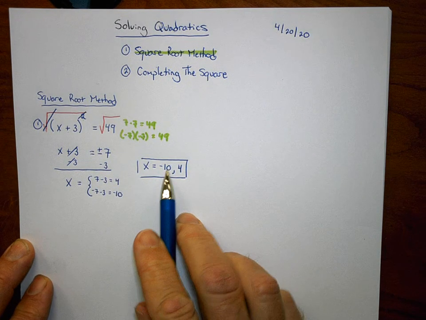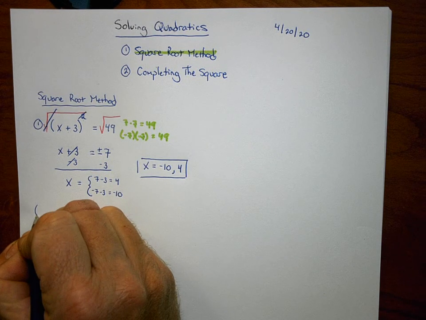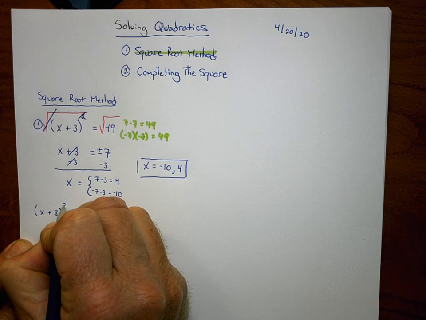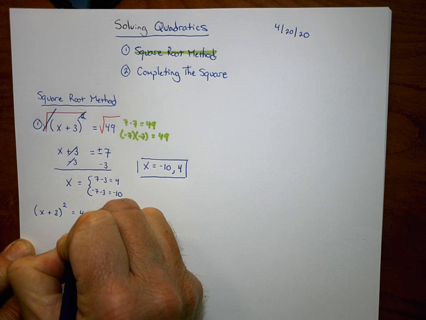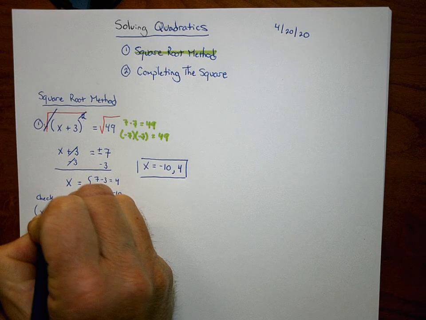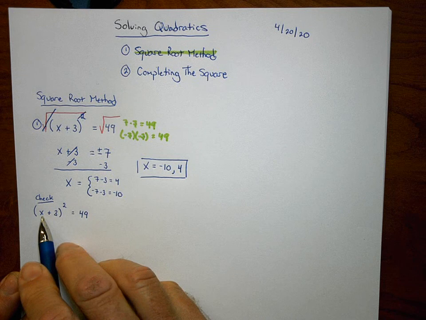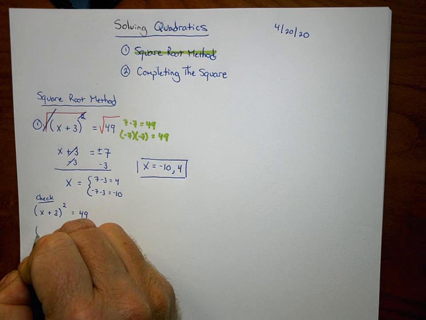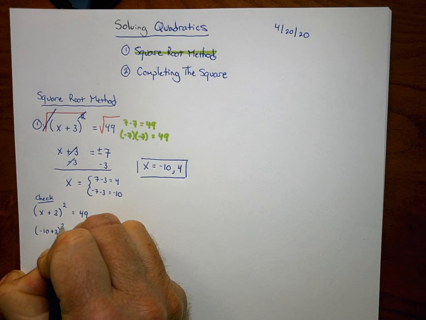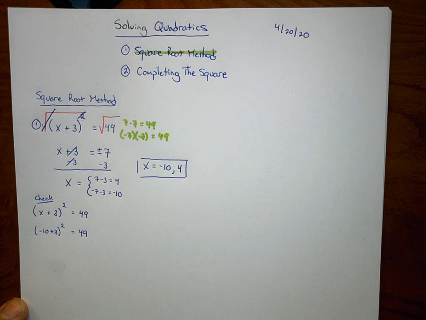It means that if I went back to the original equation, which was quantity x plus 3 squared is equal to 49, I could check both of my answers to see if they actually work. So that means if I substituted in a negative 10 in the place of x, my equation would become negative 10 plus 3 to the second power, and then I would check to see if that actually equals 49.